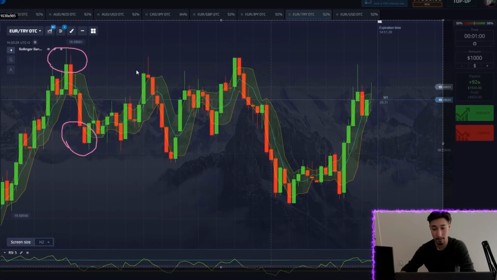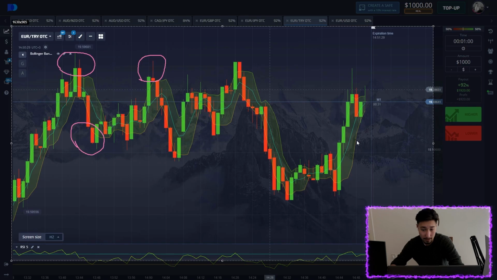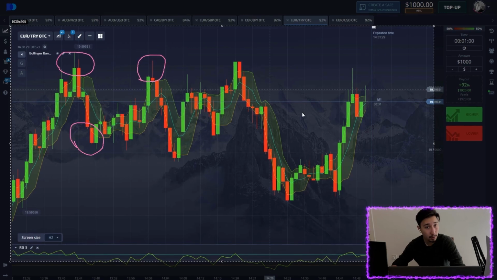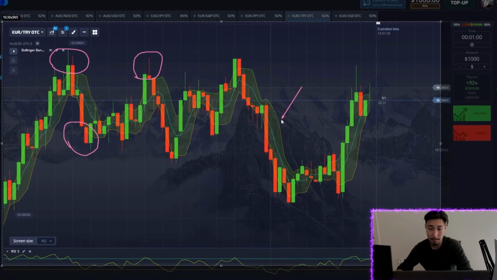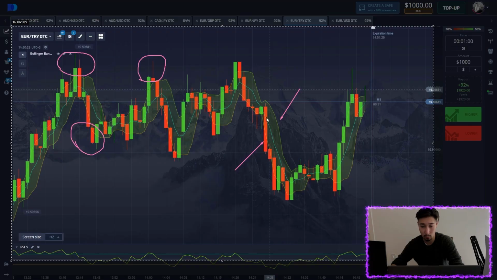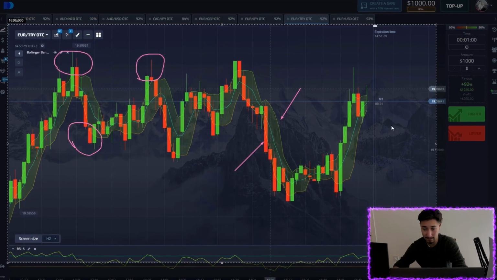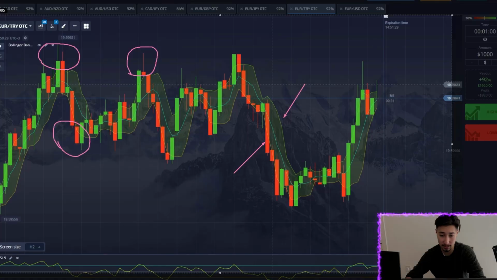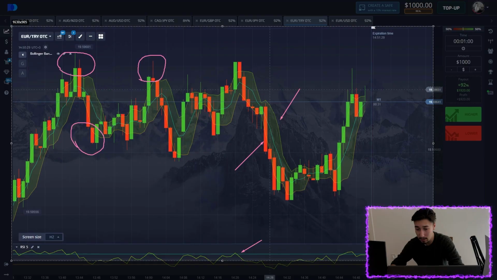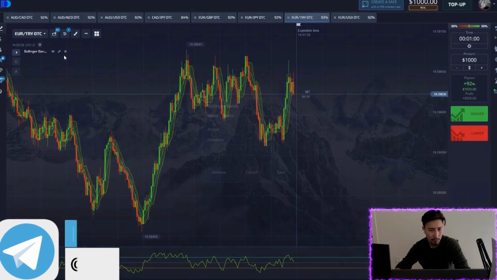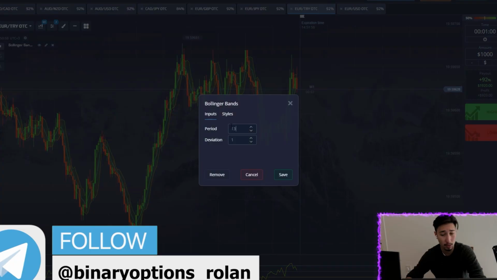So what is exactly that? Let's figure out. The Bollinger Bands consist of the upper moving average, the lower one, and the middle moving average, which is the Bollinger Band itself. So these moving averages are similar to the ones that the RSI has. And why do we use these settings? Why do we set the period to 30 and deviation to 2?